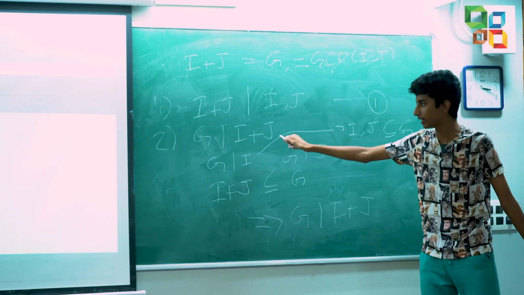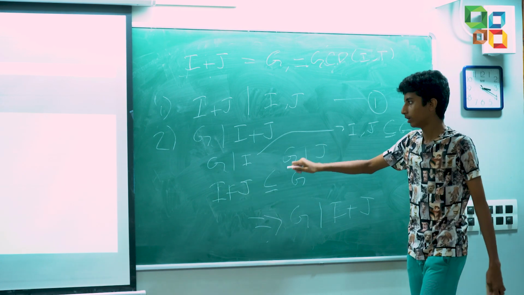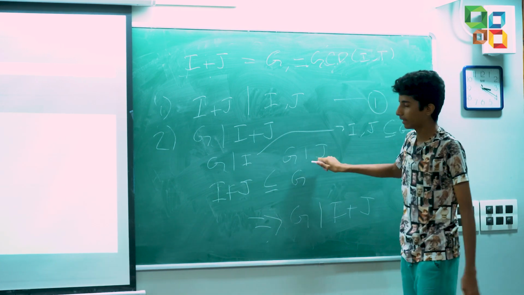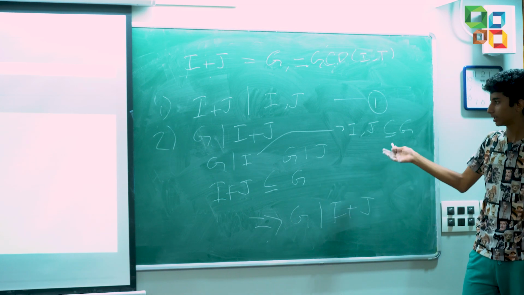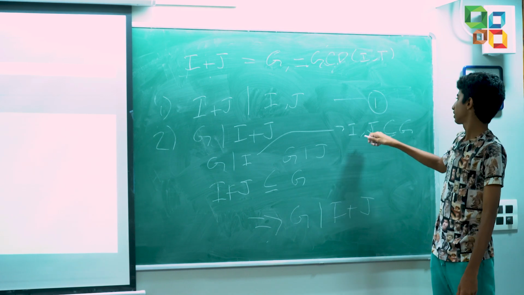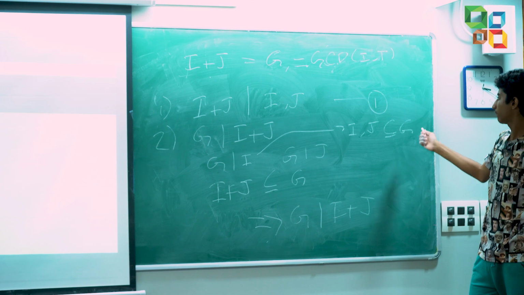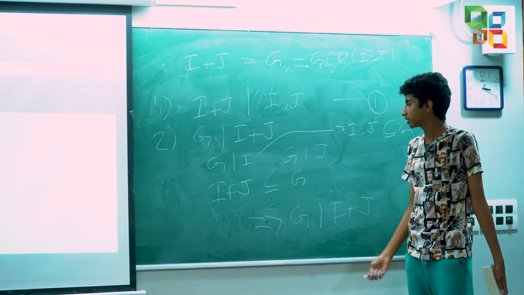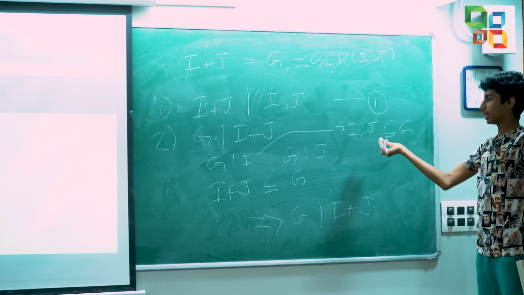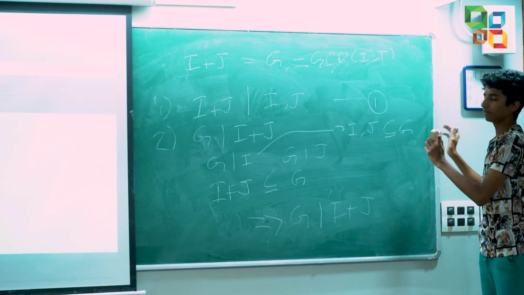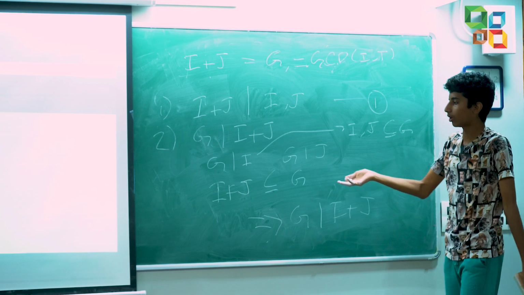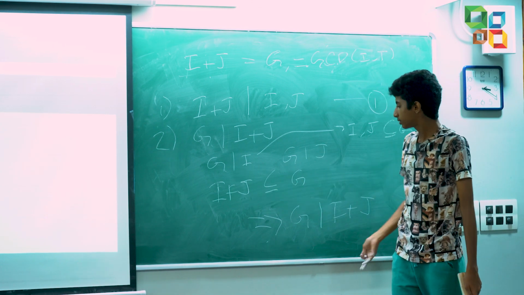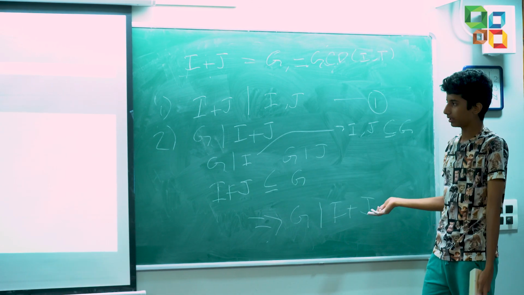You start with G divides I plus J. This is what we want to prove. We know that G divides I and G divides J, greatest common divisor. That is a given. This means that I and J are subsets of G. This means that I plus J is also a subset of G, because you can pick any I and any J and you add them, it will always be part of G, which means G divides I plus J.